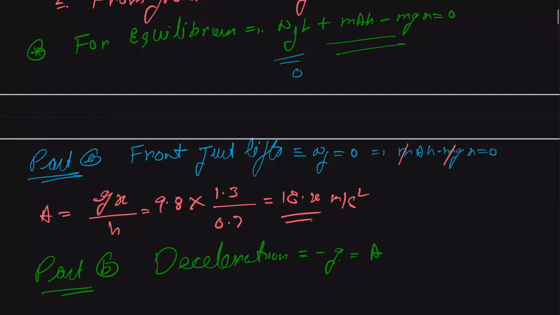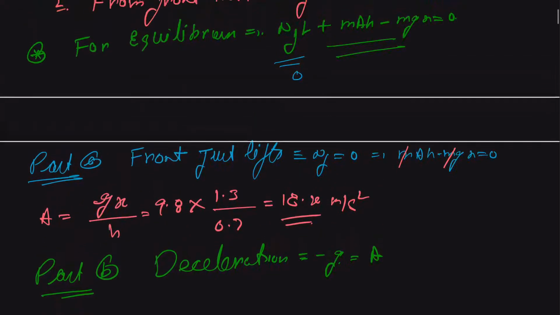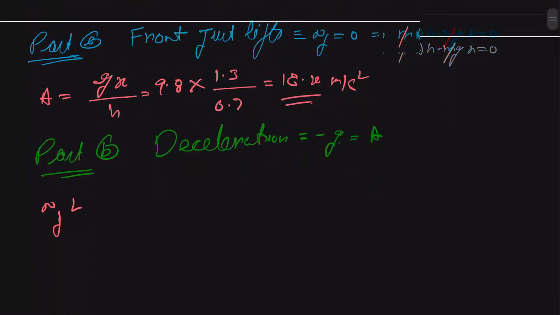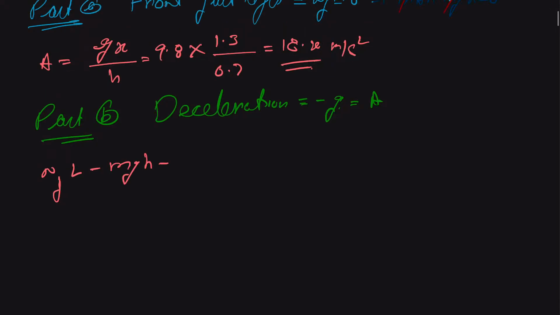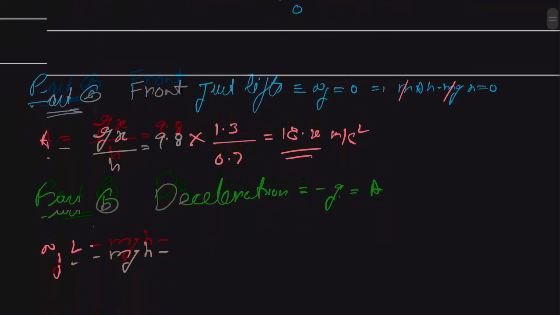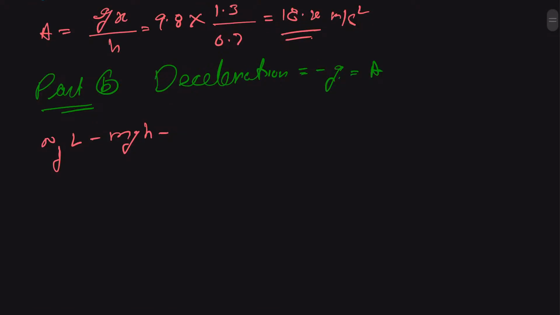We have our NF times L. This will be coming as minus MGH minus MGX is equal to 0.